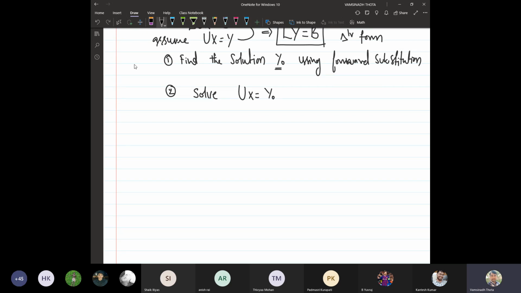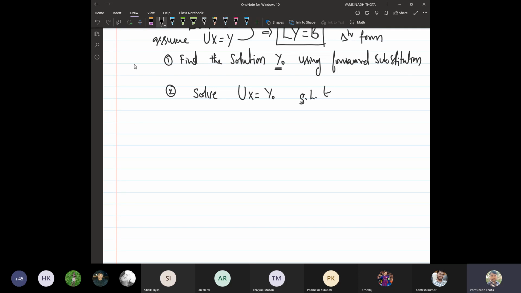Here x is unknown, and we have evaluated y with the help of the lower triangular matrix L. So that is what we obtained as y naught. Now y naught is a fixed value. It is not an unknown. It consists of some scalars, which is a solution for the lower triangular system L into y is equal to B.